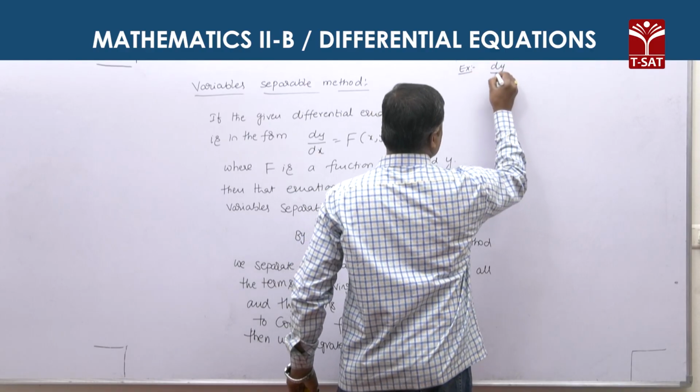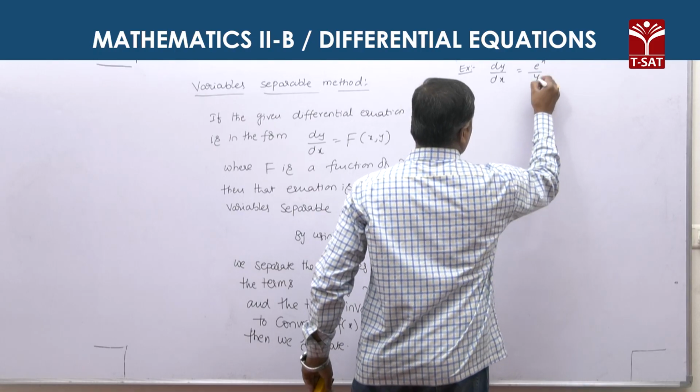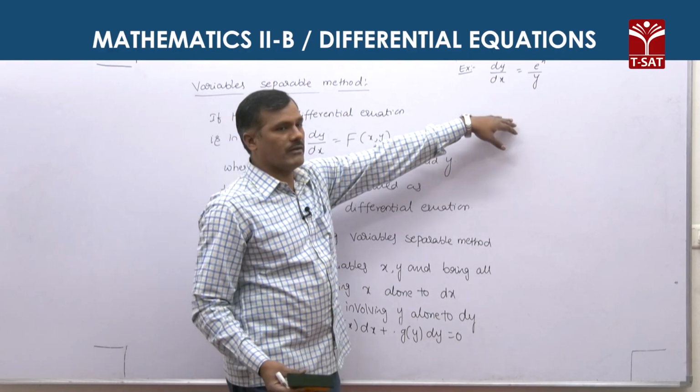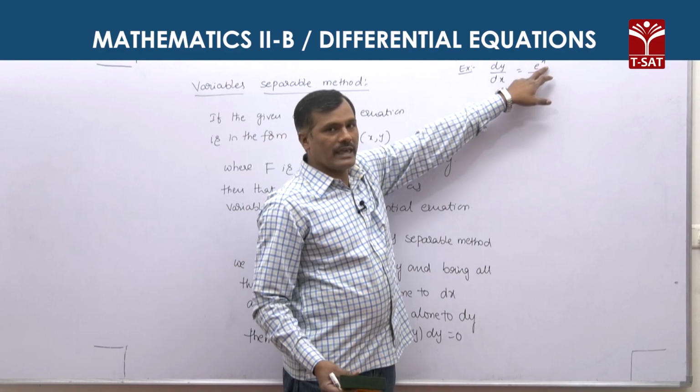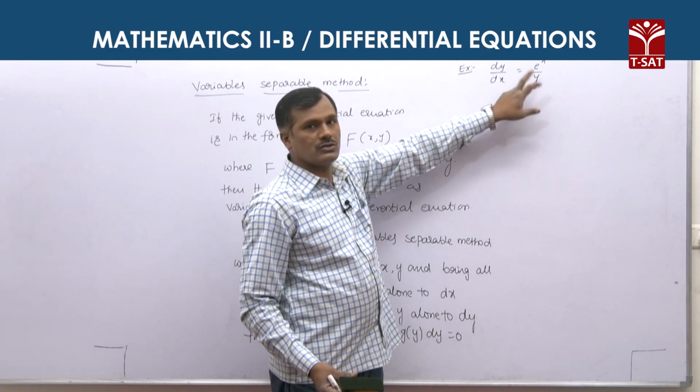For example, dy by dx is equal to e power x by y. By using the separable method, all the terms involving x alone go to dx and all the terms involving y alone go to dy.